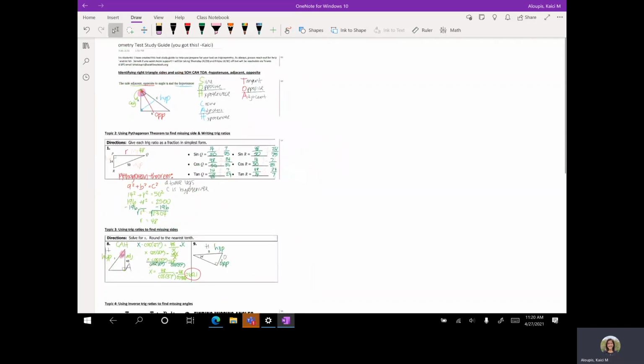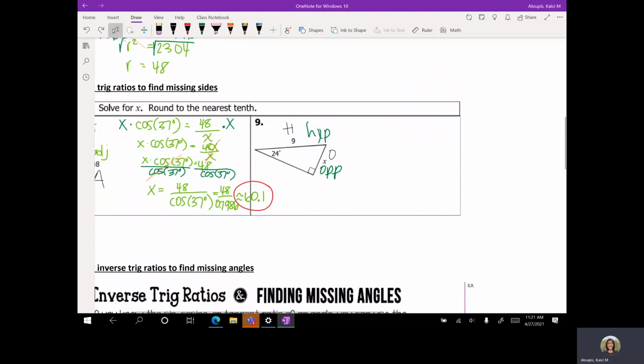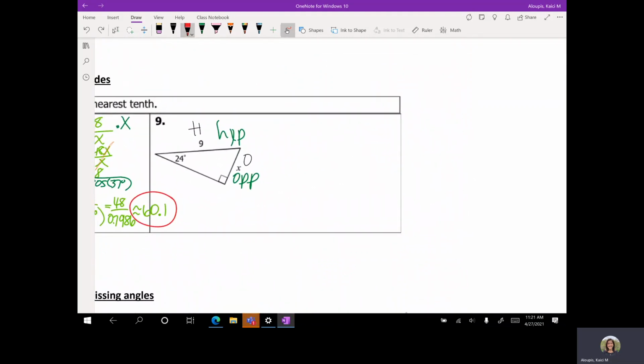And I see it in sine, right here. Sine is opposite over hypotenuse. So I know I'm going to take the sine of my angle, 24 degrees, and set that equal to the opposite side length, in this case x, over the hypotenuse side length, which is 9.